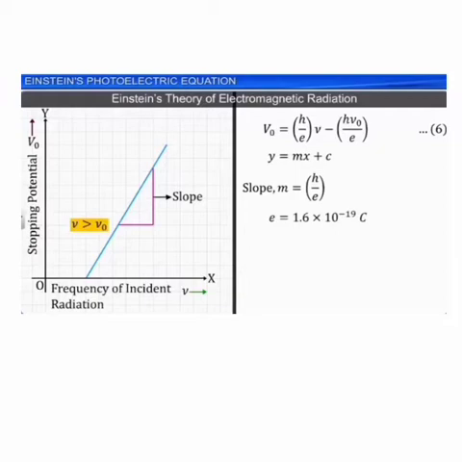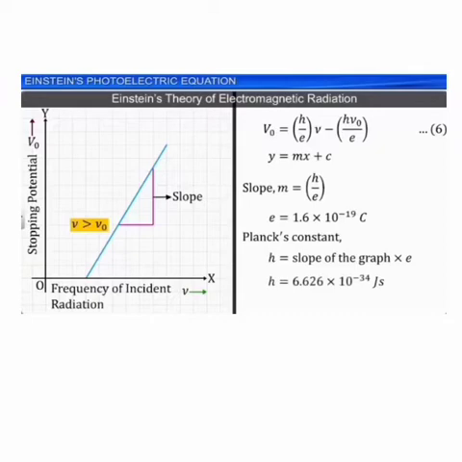The value of Planck's constant h is equal to slope of the graph into the value of charge on e. The value of h is found to be equal to 6.626 into 10 power minus 34 joule second.